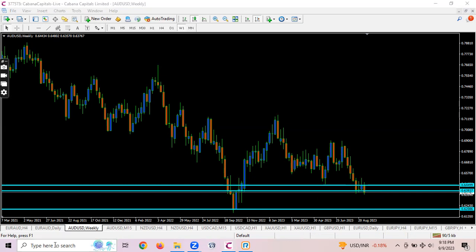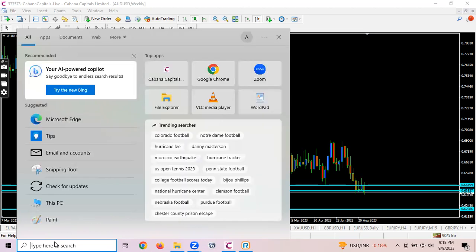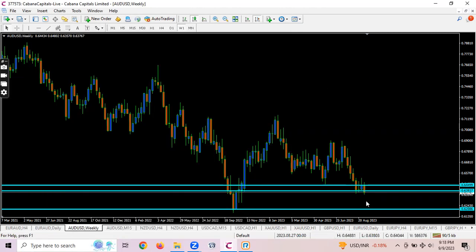So you either use breakout from support, resistance, or breakout from pivots. Okay, so let's get the pivots.